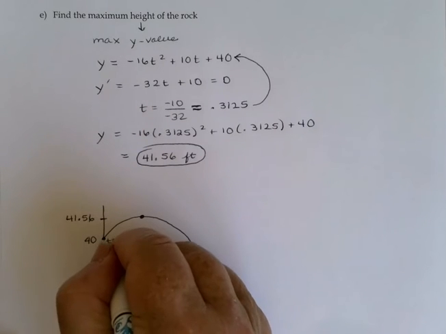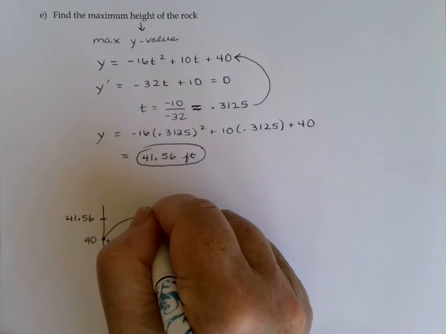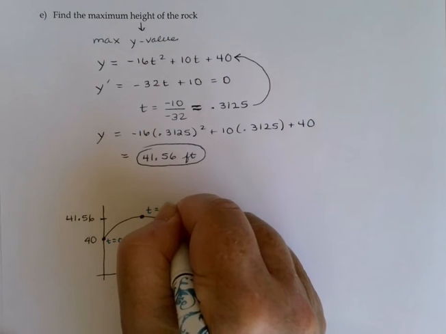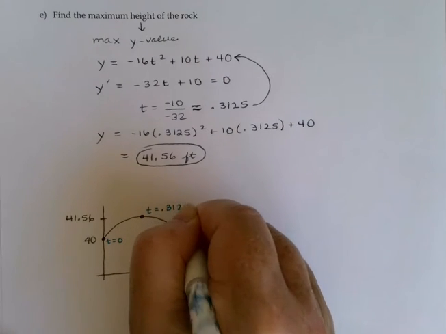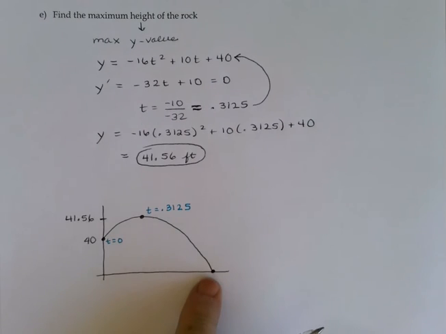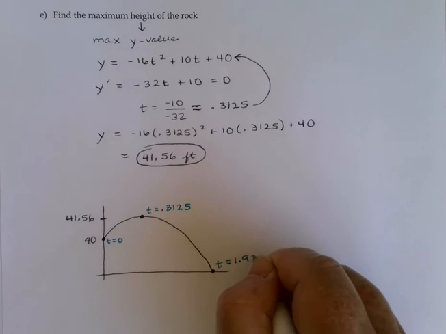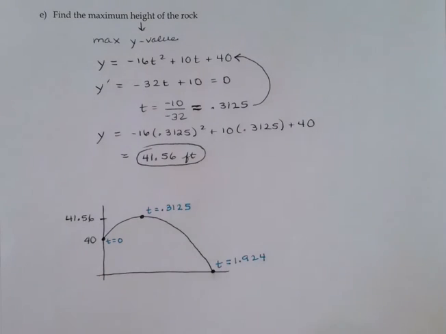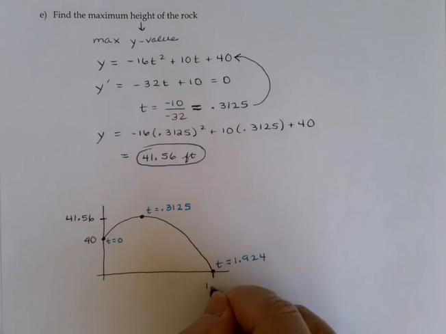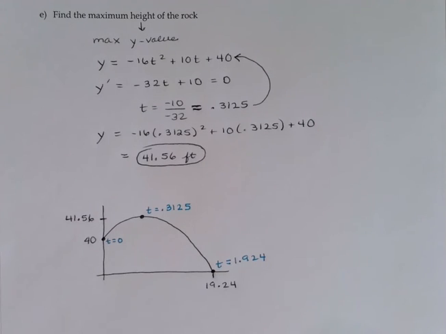This was t equals 0 when we started. This occurs at t equal to 0.3125. We know when the rock lands. The time of flight occurred at t equal 1.924. And we also know where the rock lands. The range was 19.24. So the calculations that we've done have given us a lot of information about that trajectory.